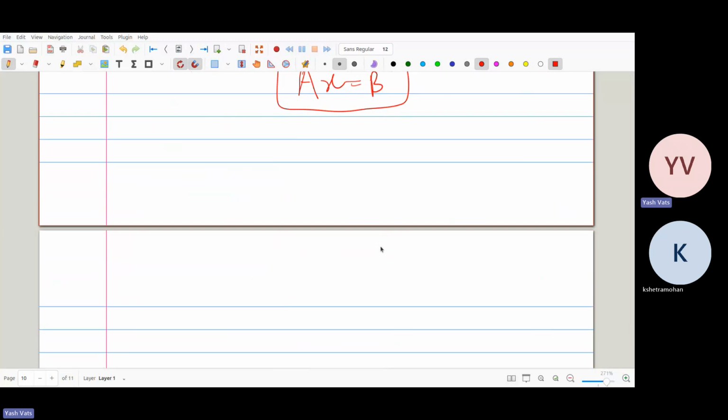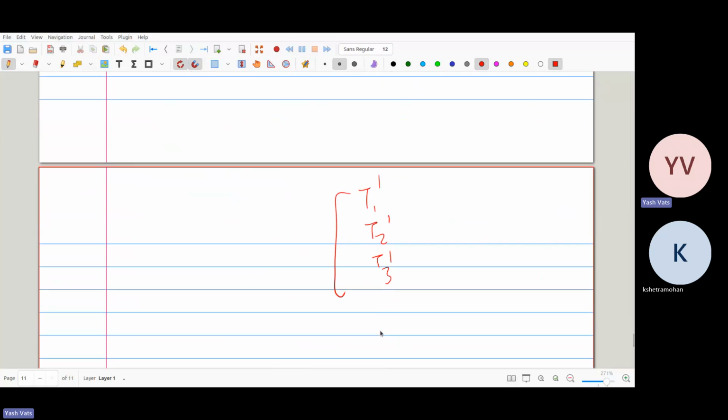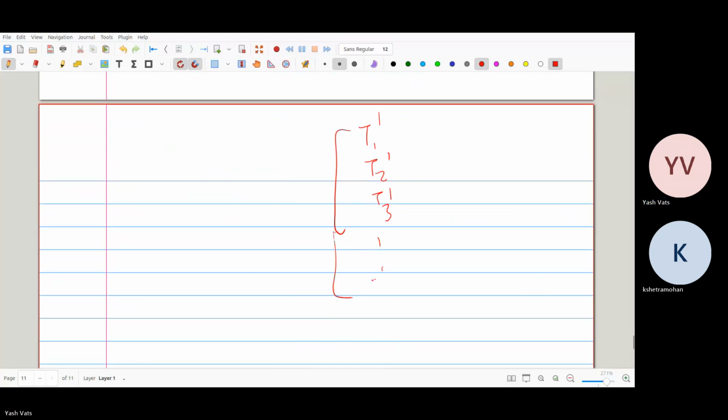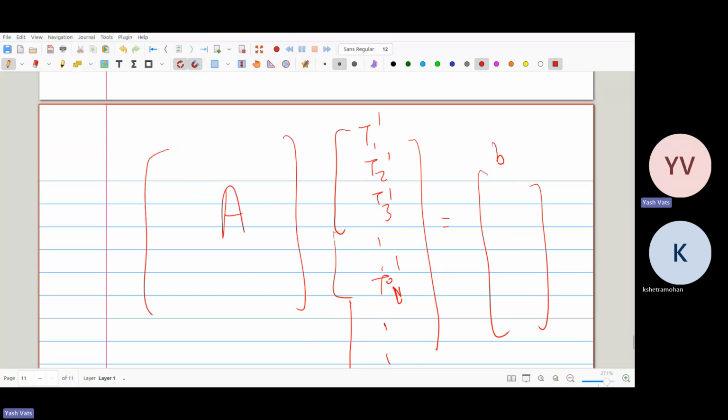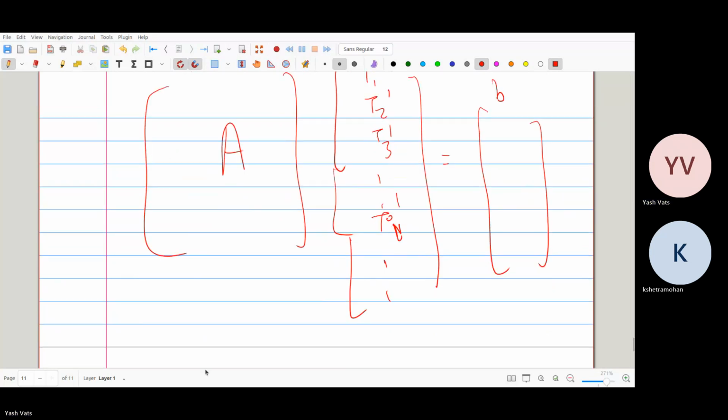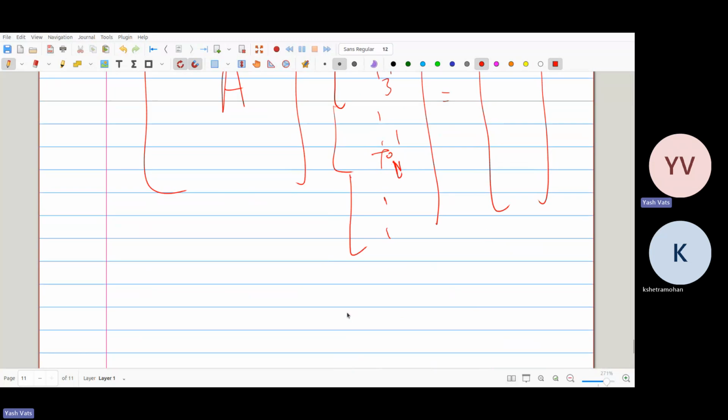So if I write here like this, T11, T21, T31, and so on, Tn1, Ti1 basically, and so on. And this is your B matrix, this is your A matrix, whatever multiplied to it. Okay, these coefficients and all.